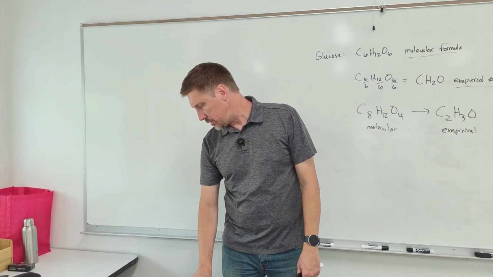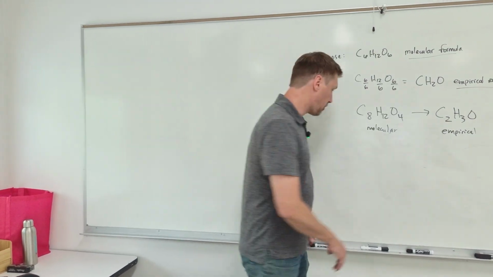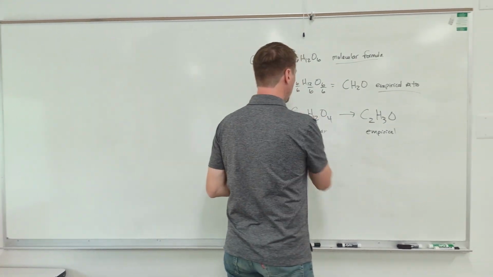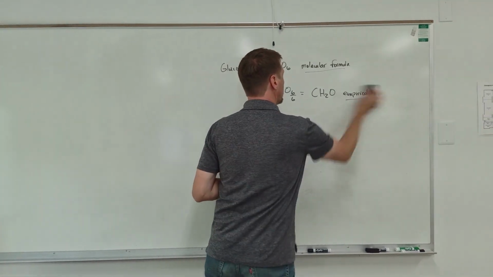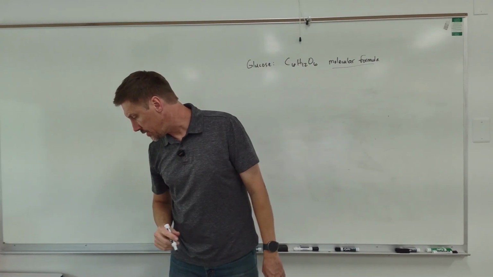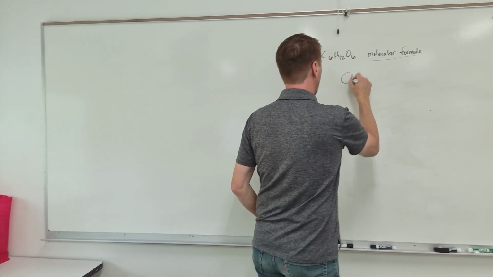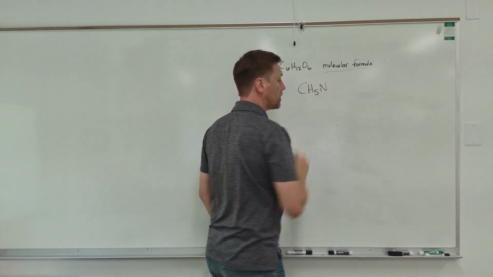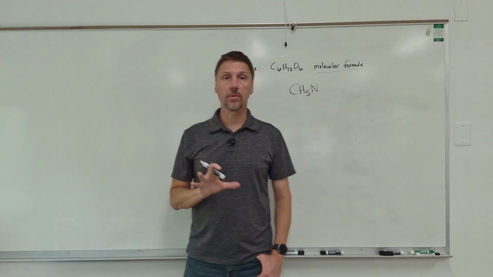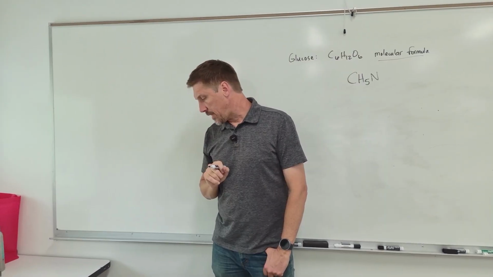There's one other part to 8.2, and this time it doesn't give us the molecular formula, it gives us the empirical formula of a compound: CH5N. We know that's the empirical, and we know that's not actually what the molecule looks like.